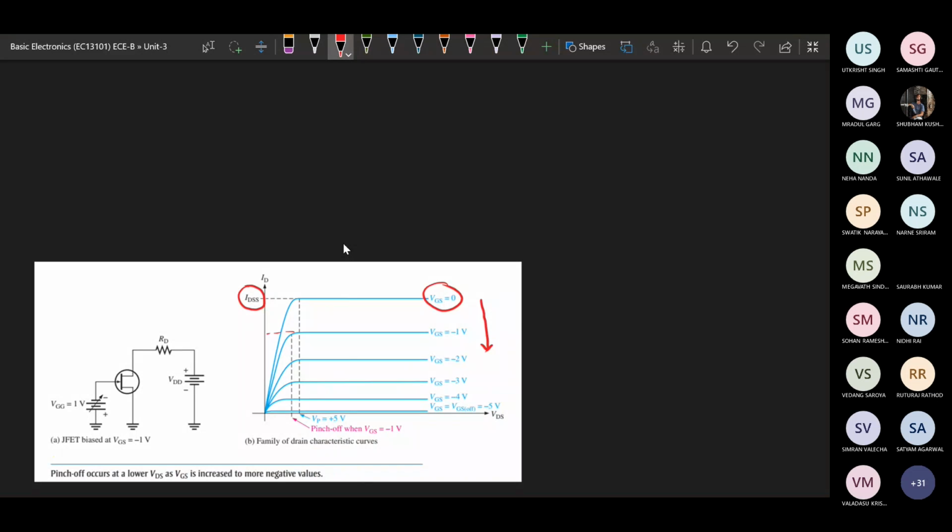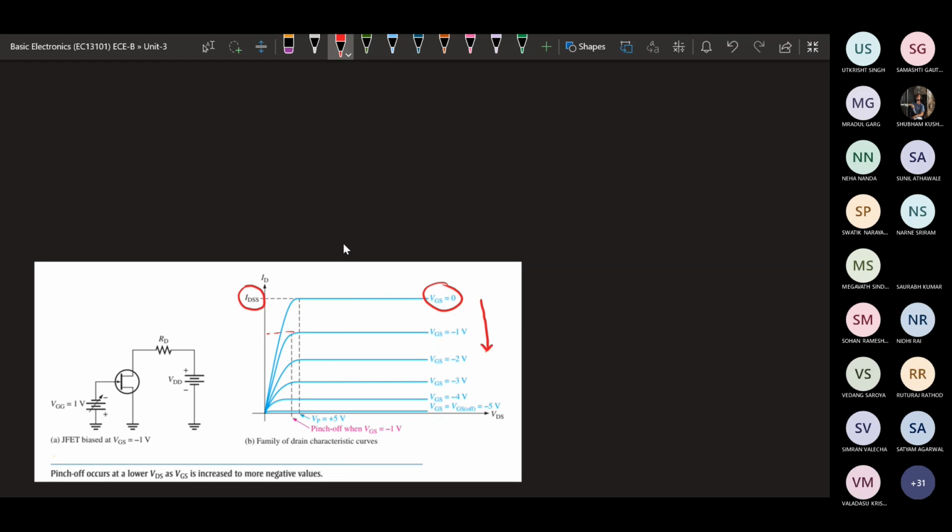In the previous concept we saw that as the reverse bias voltage increases, the channel width reduces and the depletion region increases. So as the channel width reduces, the current reduces. A similar graph will be there, but with reduced current compared to VGS equals 0.